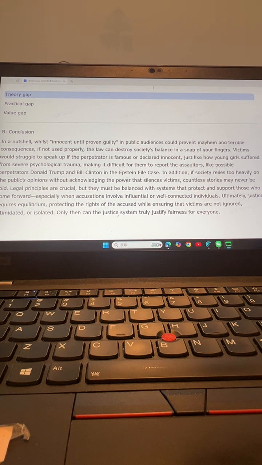For example, maybe society requires the systems to make sure of the procedure and the evidential fairness, to ensure the procedure.